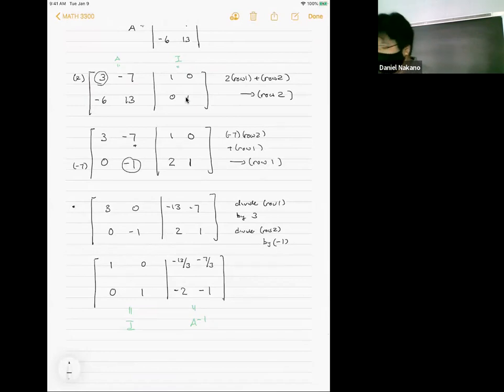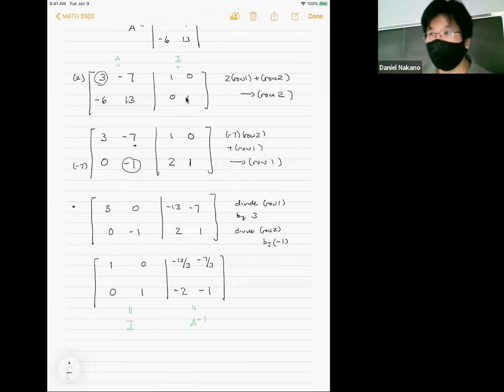Okay, and so when you're solving for this part down here, like I said, we're doing it all at once. Okay, good. All right.